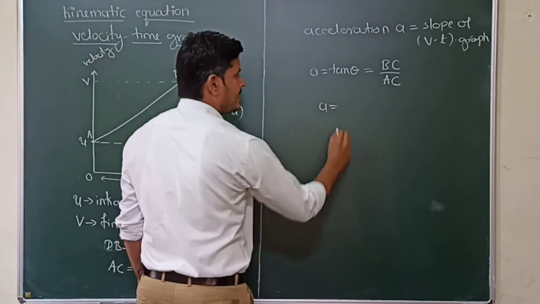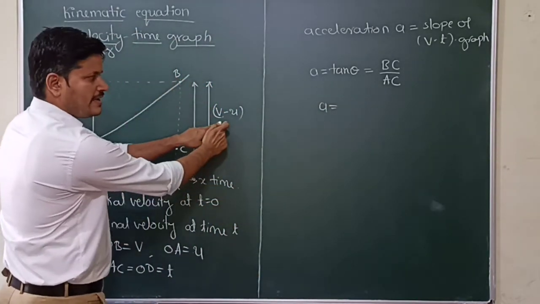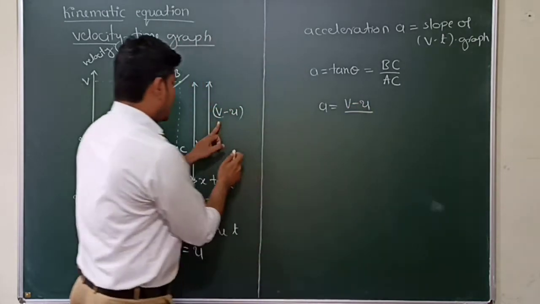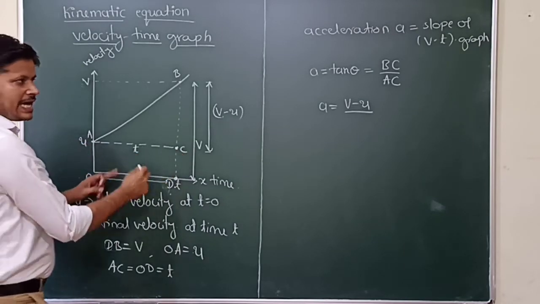That acceleration a equals BC, which is v minus u, divided by AC, which is the time t.